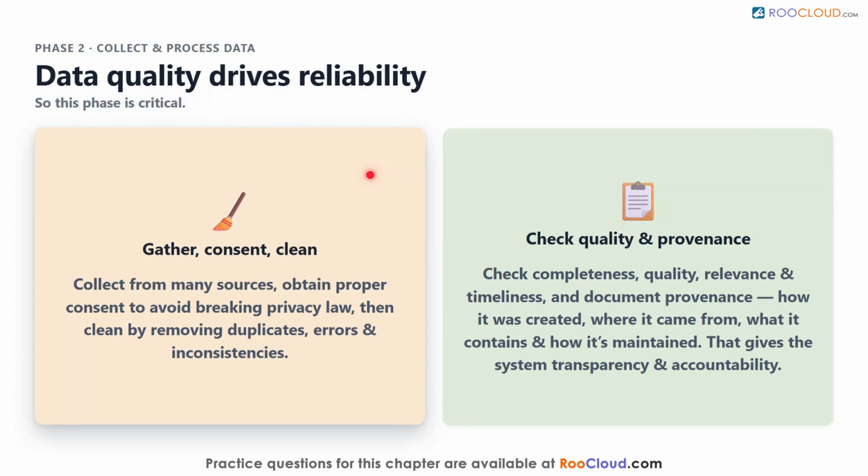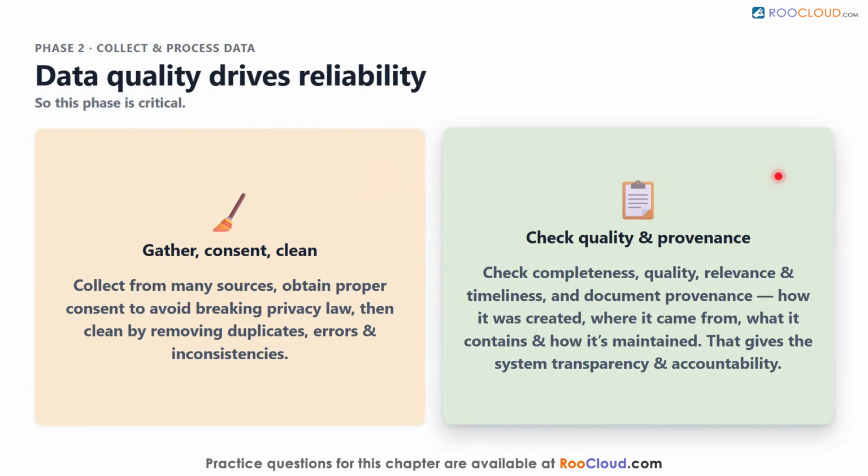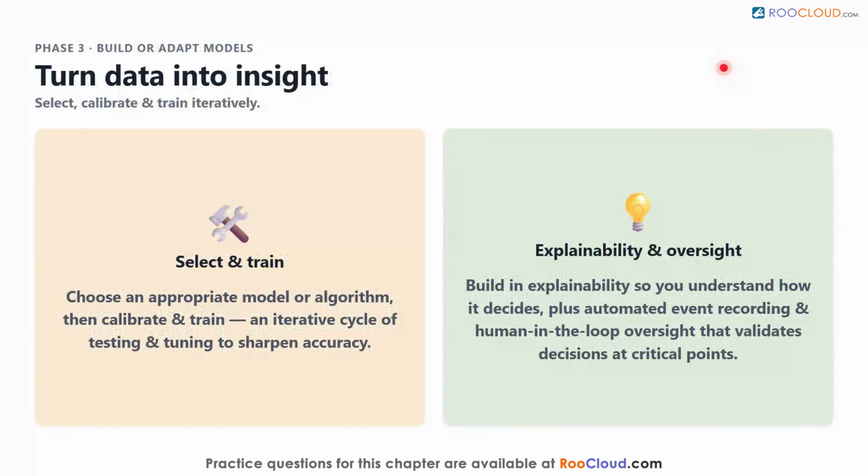A vital part is checking completeness, quality, relevance, and timeliness, and documenting the dataset's provenance: how it was created, where it came from, what it contains, what it is meant for, and how it has been maintained over time. Good documentation here is what gives the whole system transparency and accountability.